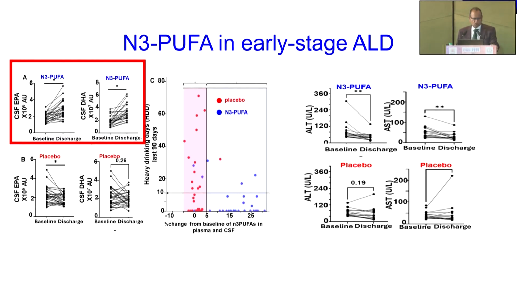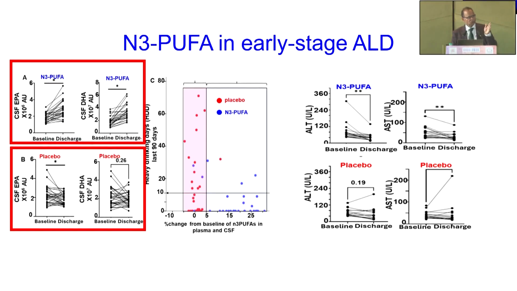The results showed that the components of the PUFA, which is EPA and the other component of the PUFA, increased in patients who received PUFA supplementation, and this was a placebo-controlled trial. But in the placebo population, they remained unchanged. So there was no change in the concentration of the components of PUFA.